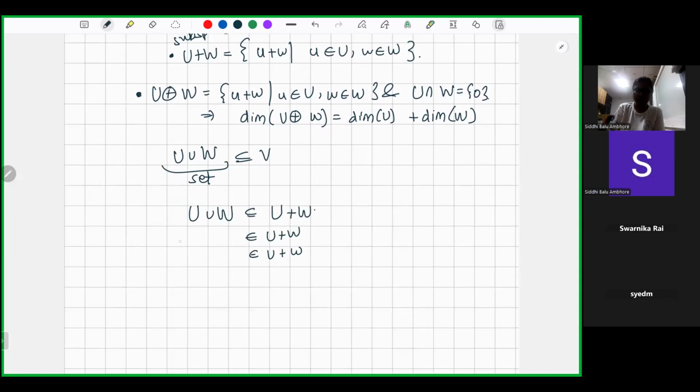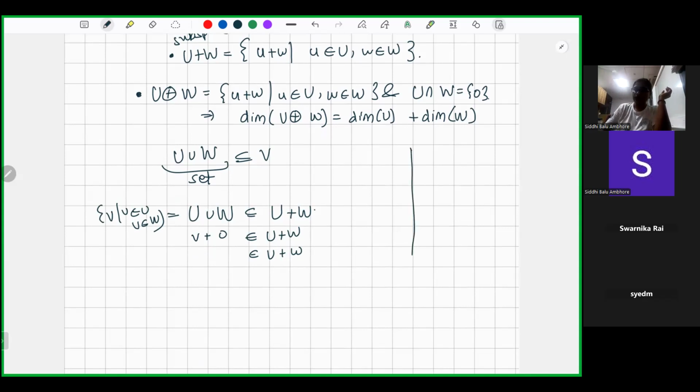So the union means this set is just elements such that a is in U or a is in W. This v I can always write as v plus 0 or 0 plus v. Union will always be inside the sum, and the sum is something bigger.